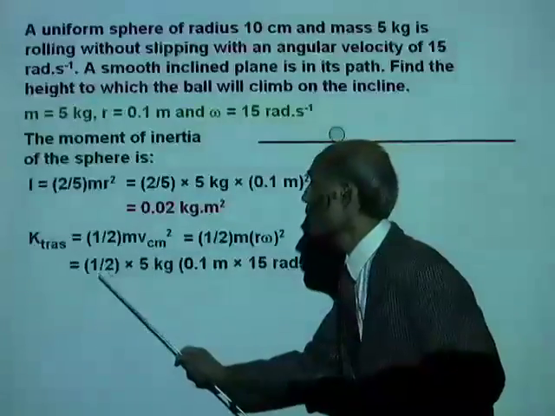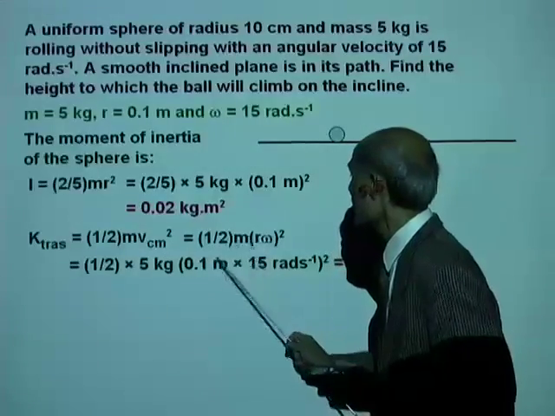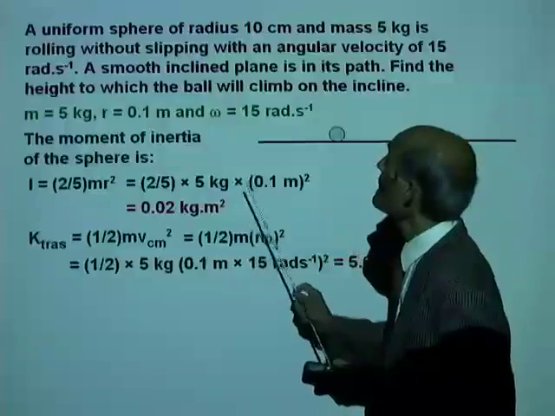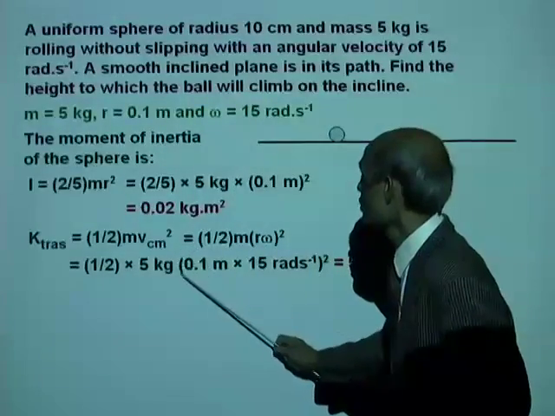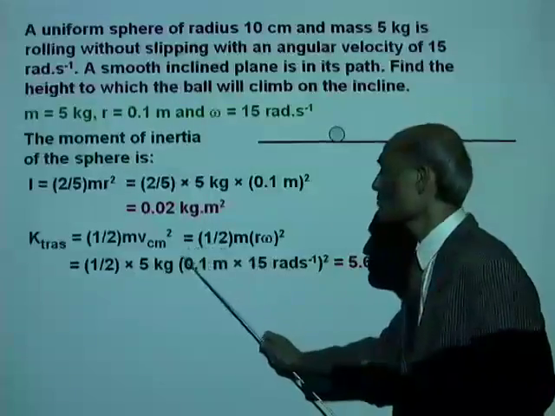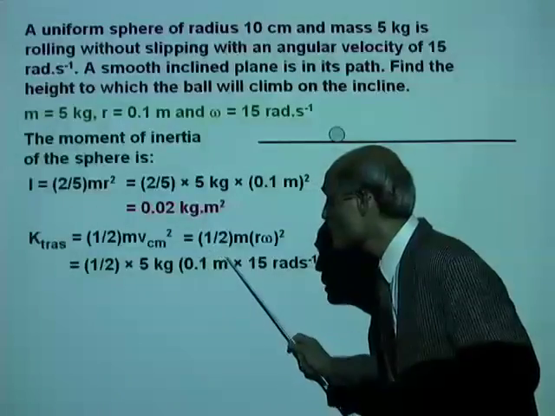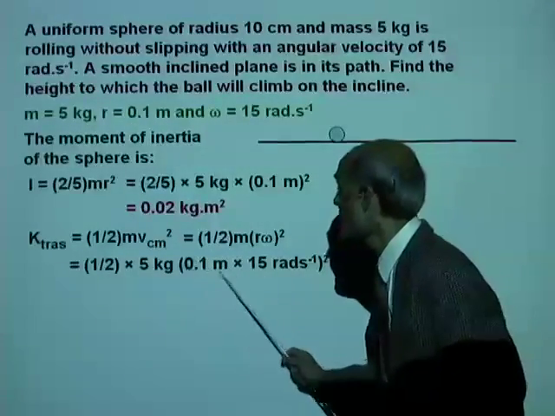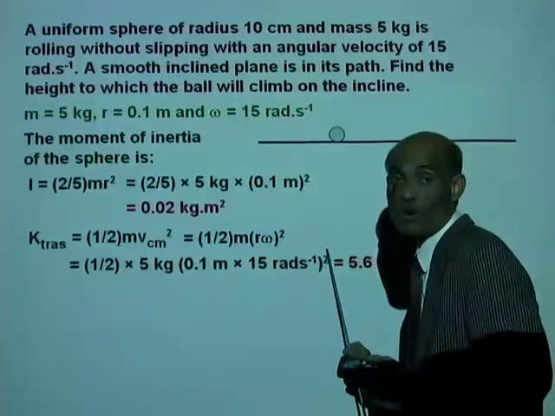And that will be 1/2 times m is 5 kilogram, r is 0.1 meter, and omega is 15 radian per second. So this quantity is the angular velocity, and this quantity, radius multiplied by the angular velocity, is your v center of mass, and so we square it.